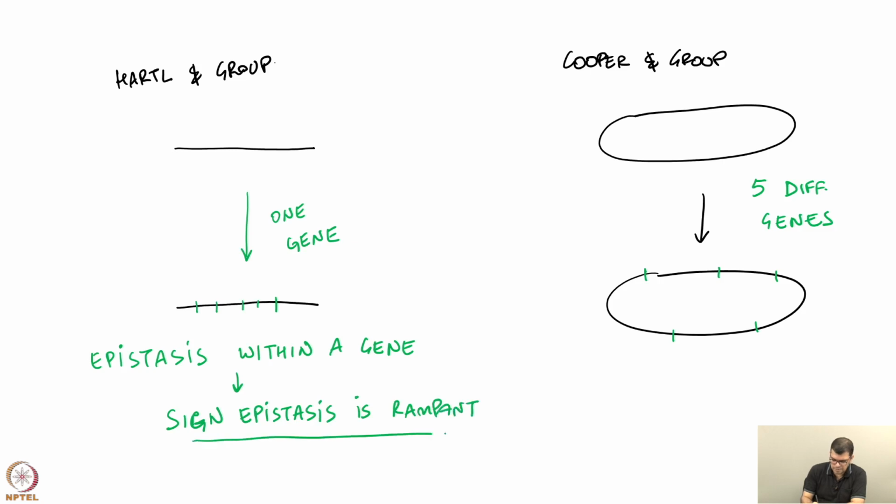There is a lot of sign epistasis, which means that when a gene is evolving, the genomic context in which a mutation happens becomes very important. The same mutation in one context could be beneficial and could be deleterious in another context.